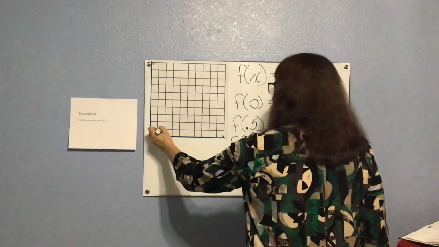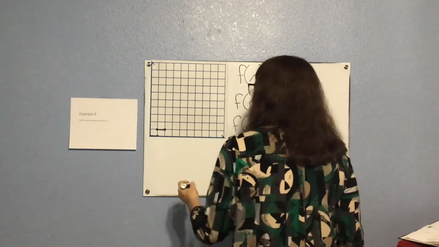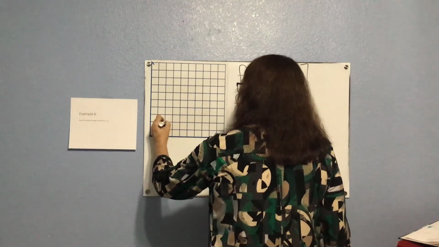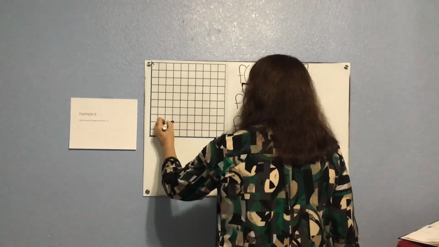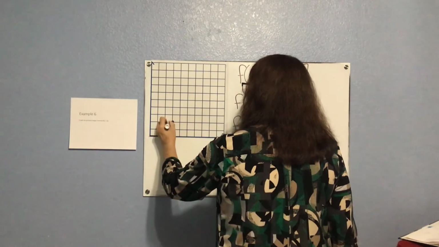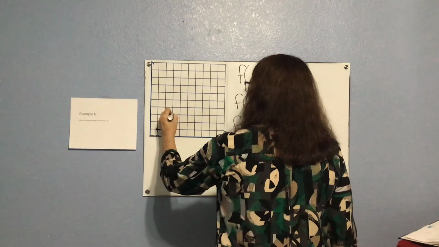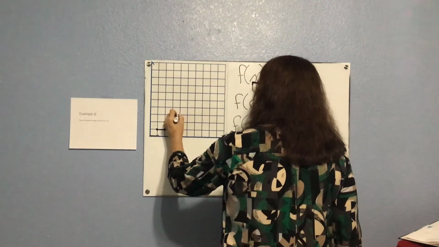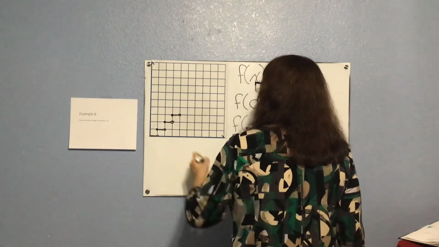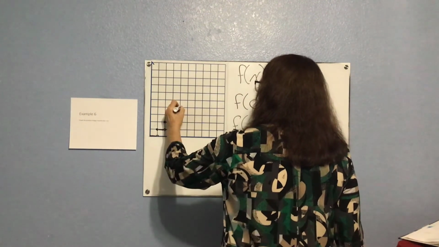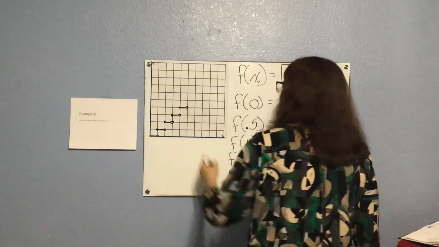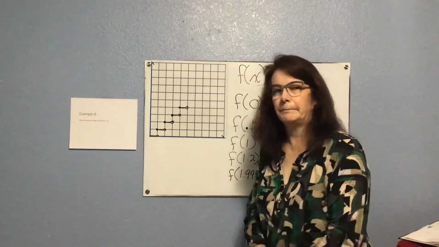Okay, so here you can see the first little step. The next step would start at 2 and end just before 3. And you continue on in this way, solid dot on the left side of the line, open dot on the right side of the segment. So this is the greatest integer function.